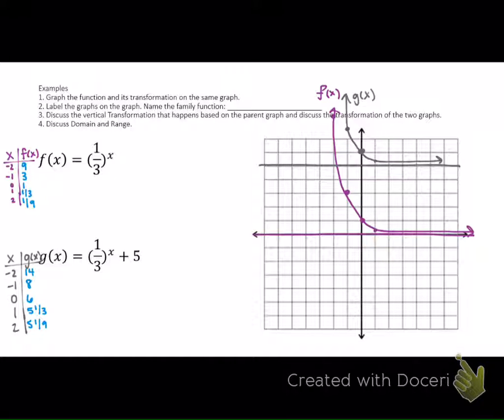Please draw your asymptotes in. Make sure you're doing the tables on your own. Make sure you're drawing your tables in too.